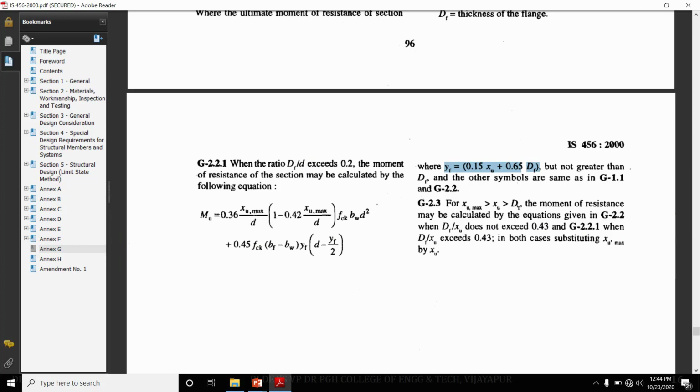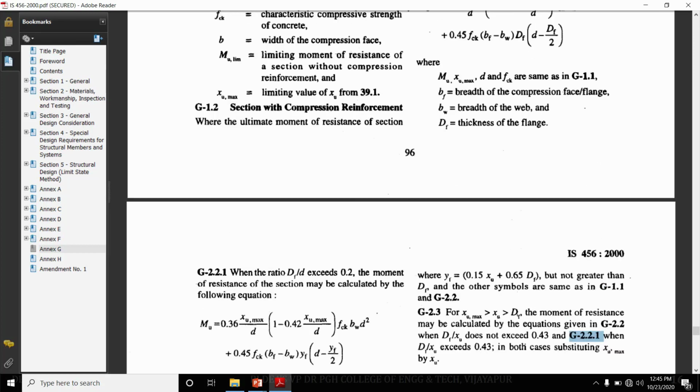I had also told you about another two cases, that is, if XU max is greater than XU, or when it is greater than DF, then how we have to calculate. That is when DF by XU, I said, is 3 by 7. If it does not exceed 3 by 7, how does it have to be calculated? As they have given in equation 2.2.1.